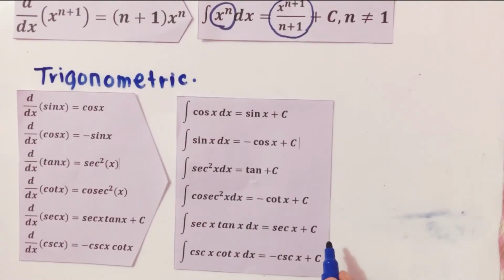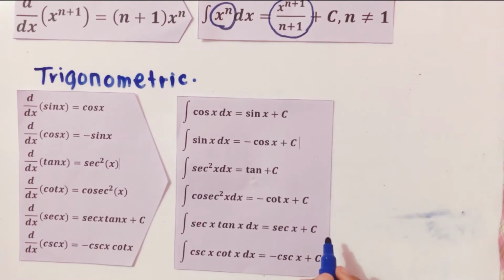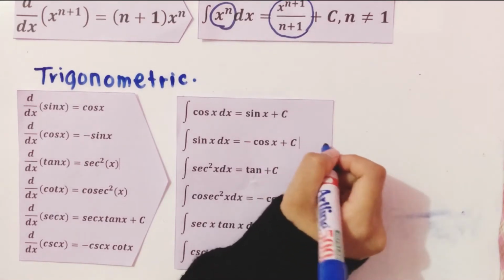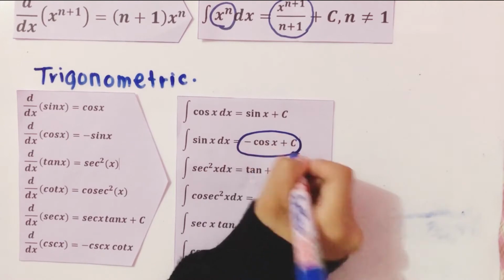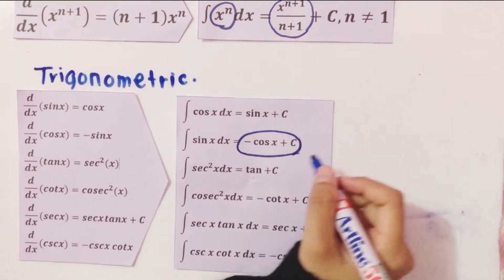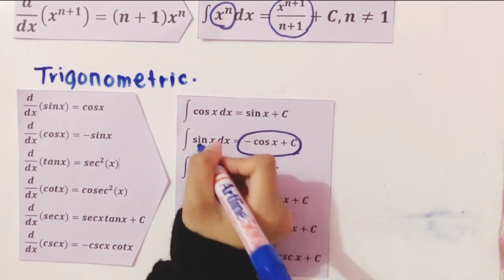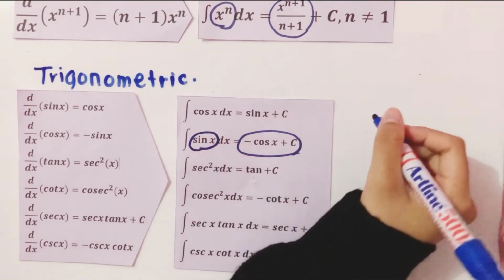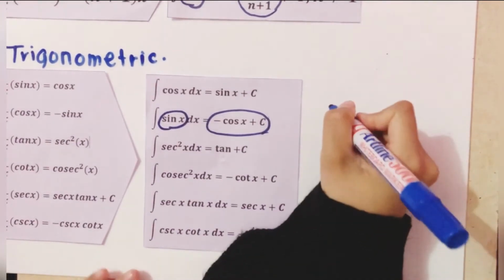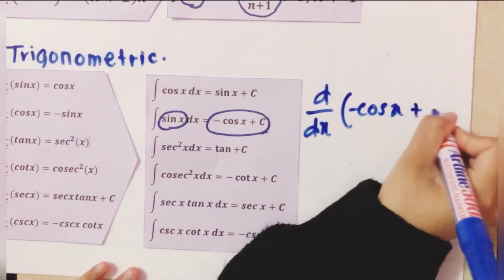The second indefinite integral formulas are for trigonometric functions. Here is one example of how to prove it. We take negative cos x plus c. We want to see if negative cos x plus c is the antiderivative for sin x. So we differentiate d/dx of negative cos x plus c.